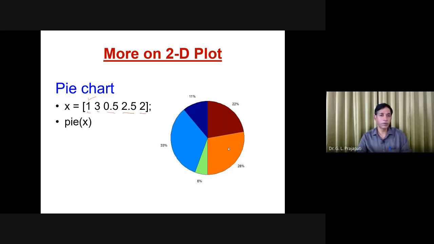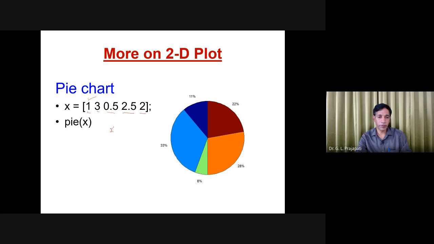So now how is it going to be constructed? Actually you have the values 1, 3, 0.5, 2.5 and 2. So your computer is going to find the summation of these: 1 plus 3 plus 0.5 plus 2.5 plus 2, whatever the answer is.